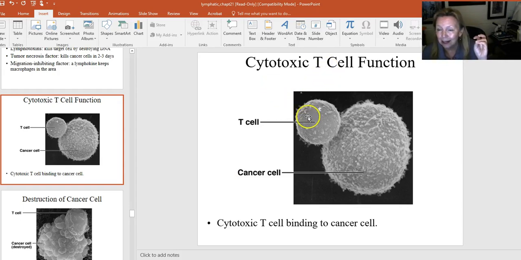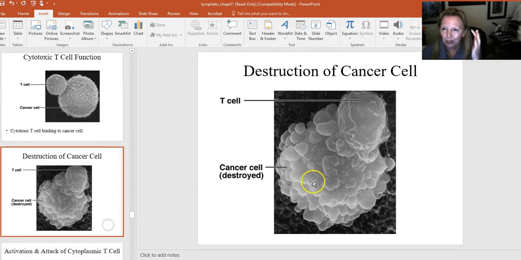Cytotoxic Ts, as I said, are no joke. These guys, talk about Marines and hand-to-hand combat. They're ready for it. If you look at even cancer cells, the T cells are much smaller, but they obviously don't know it because they can destroy those cells. Throughout our lives as organisms, we have cancer cells happening all the time.